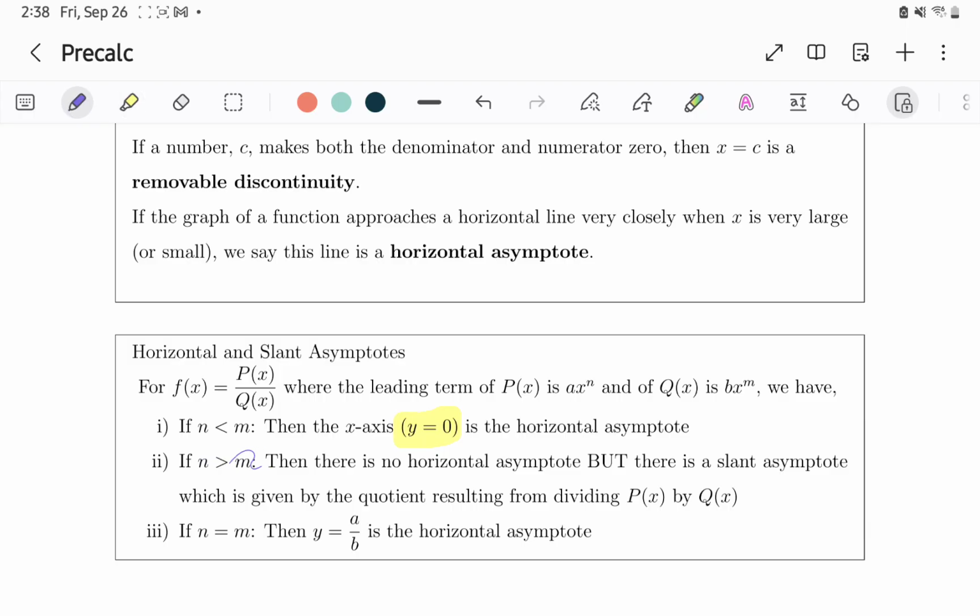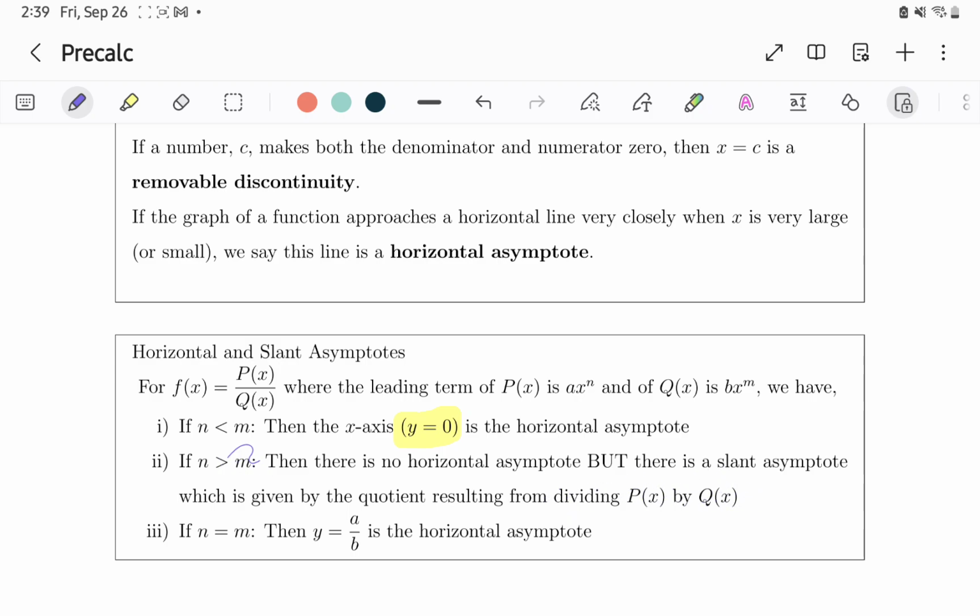And if n is greater than m, so if the degree of the polynomial in the numerator is greater than the degree of the polynomial in the denominator, then there is no horizontal asymptote, but there is going to be a slant asymptote, which is given by the quotient resulting from dividing p of x by q of x.